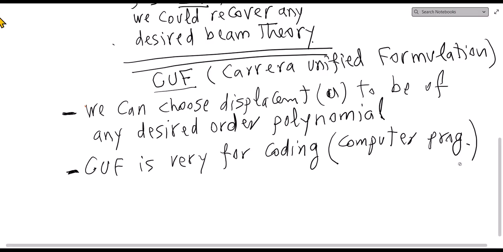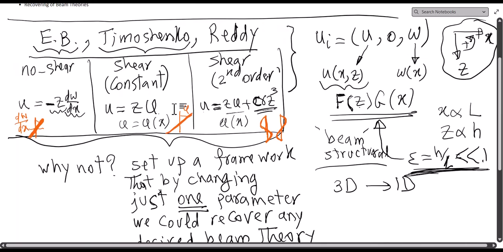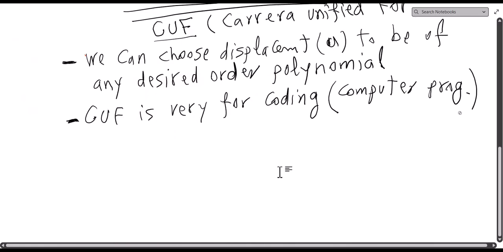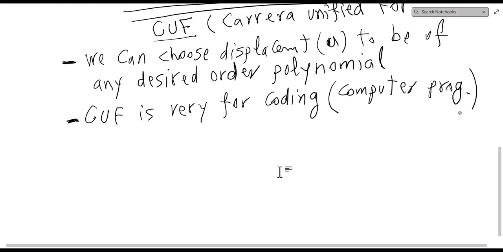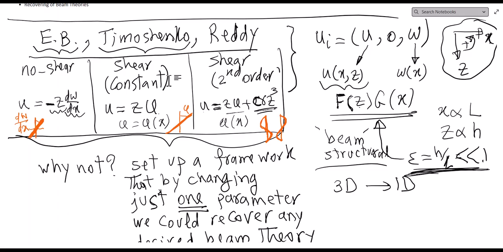Because you see here that by just changing one parameter that I will explain, you can actually recover Euler-Bernoulli, Timoshenko, Reddy, or any other higher order beam theory that you want based on your kinematics. So still the approach here is assume your kinematics and follow the kinetics map and see what you get and check it against reality or the physics of the beam.